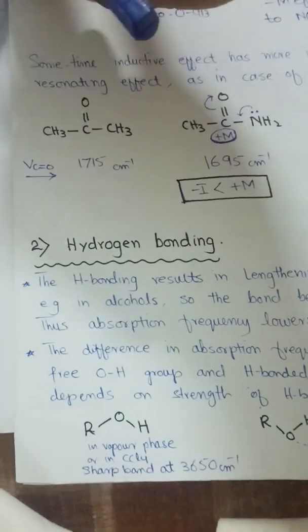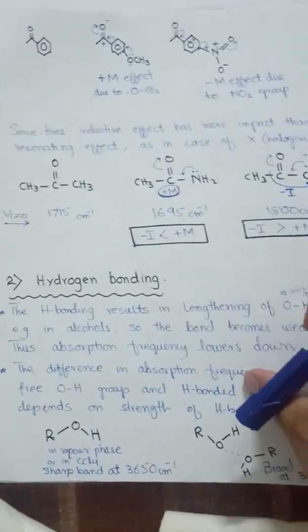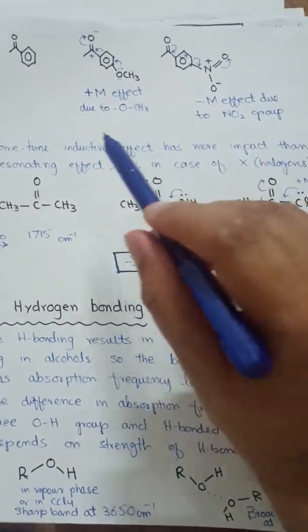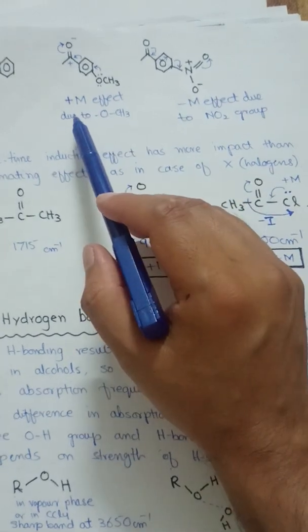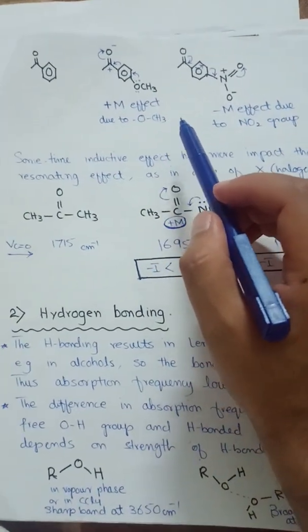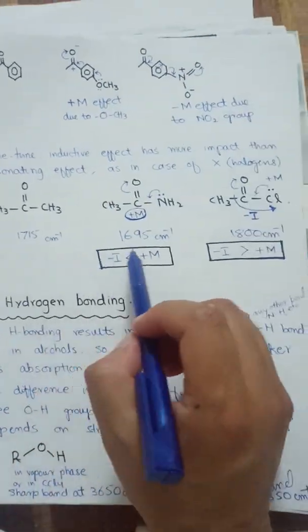So the halogens are important because they have more electron withdrawing effect. Here we are going to take some other examples, where again this represents the resonating and inductive effect. But before going to this, I am going to show you this one.